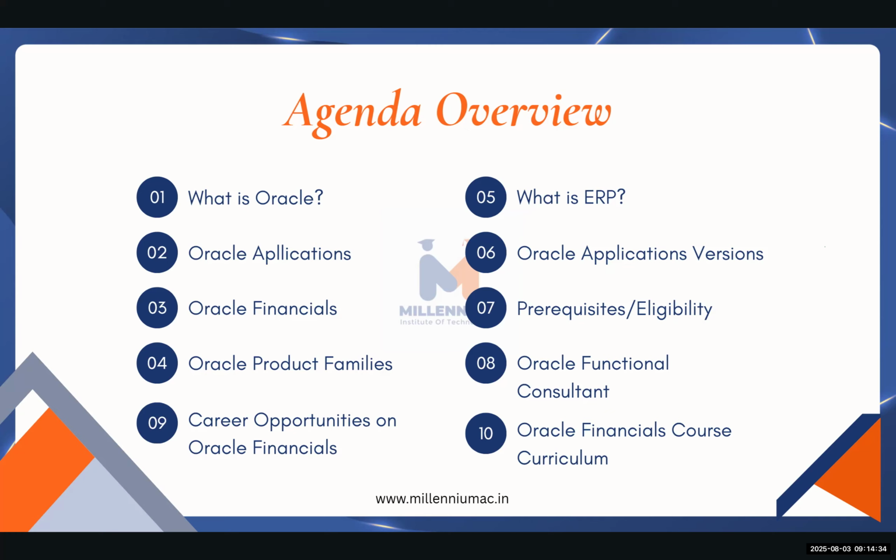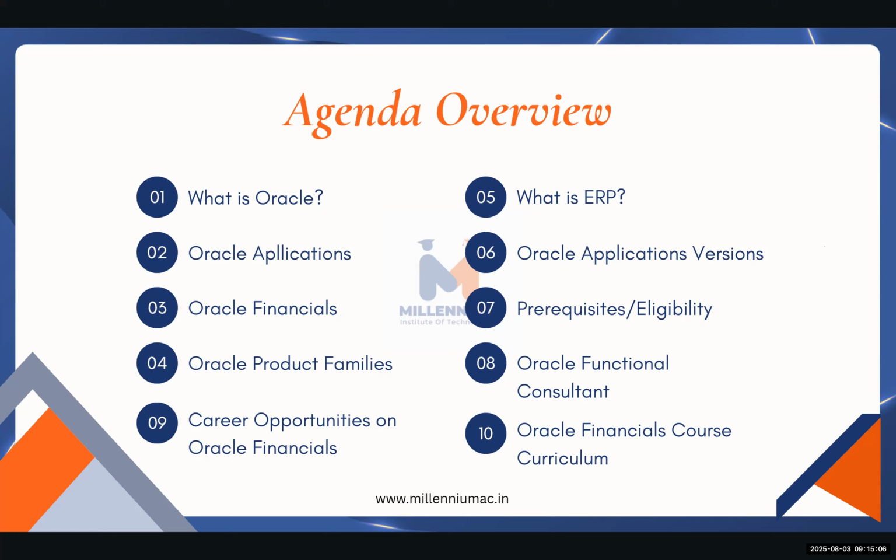Today we are going to learn from very scratch how Oracle as a company originated and how it has evolved to the current date, so that we have very strong roots in what we are learning. Oracle is known as a database company.